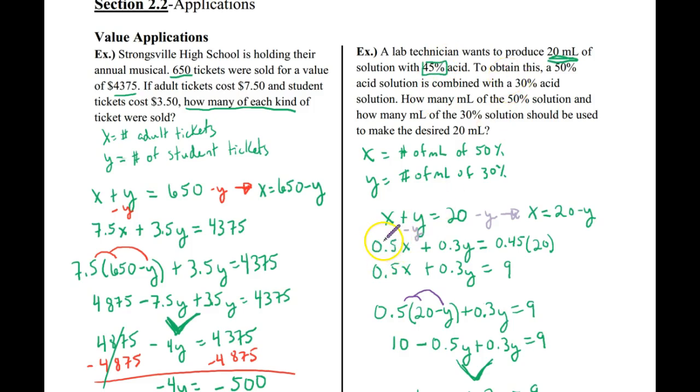So I take the percent of acidity times the amount. Do the same with the other solution. When I add those together, I need to get where the totals are. I want to end up with a 45% acid, and that's times the amount of acid I have. Right? So percent times the amount plus the percent times the amount will equal the total percent I need times the total amount that I need.